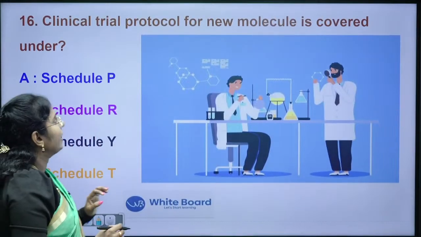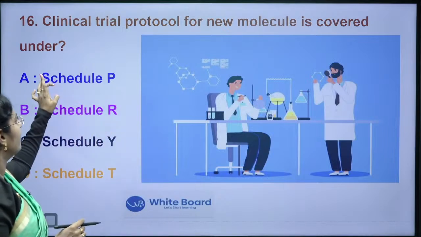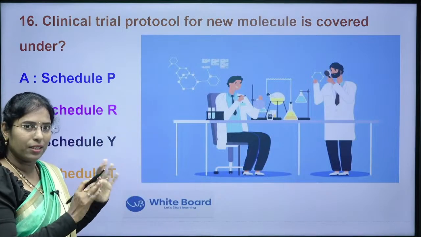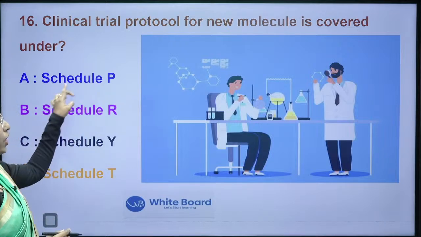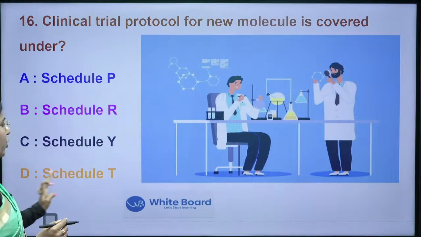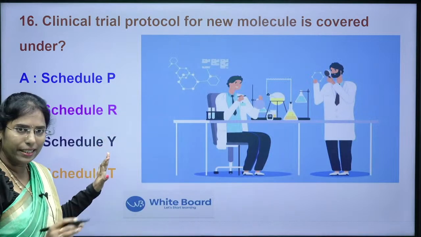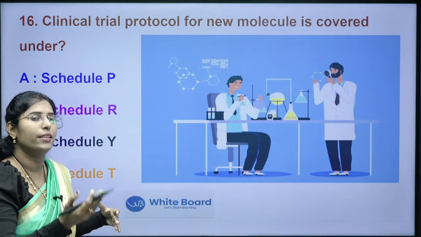Right, come to the next question. 16. Clinical trial protocol for a new molecule is covered under. We have just discussed the same, and the options are Schedule P, Schedule R, Schedule Y and Schedule T. We have already discussed that it is Schedule Y. Why will a drug not enter the market?